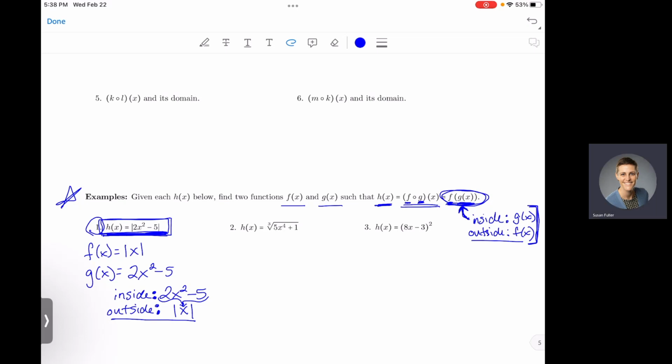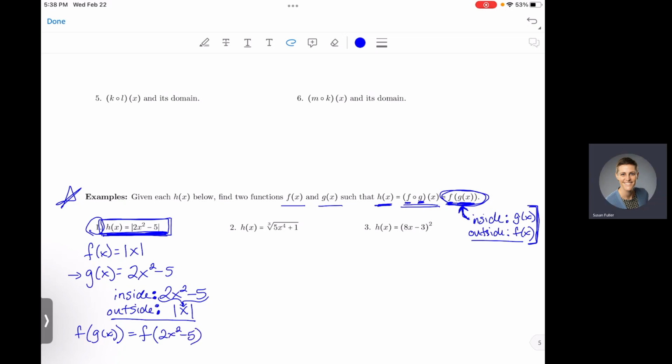If I have f of x equals the absolute value of x and g of x equals 2x squared minus 5, notice if I do f of g of x, then if I take x and plug it into g, what comes out is going to be 2x squared minus 5.